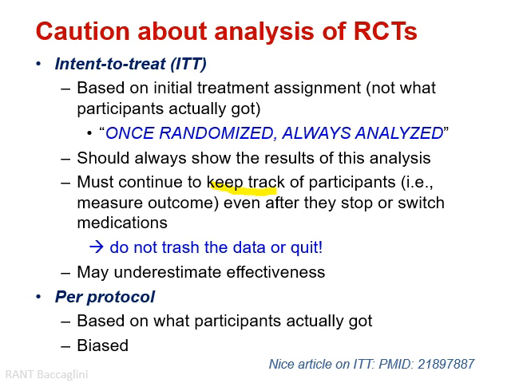But if, for example, they don't want to take the pill because they don't like it, it's too big or doesn't taste good, then you might ask the participant, is it okay to continue? Meaning that you still track their outcomes, you still track them all the way to the end, even though they didn't take the medication or they switched the medication. So if the participant is willing to, you continue to track them so that you actually have an outcome at the end.